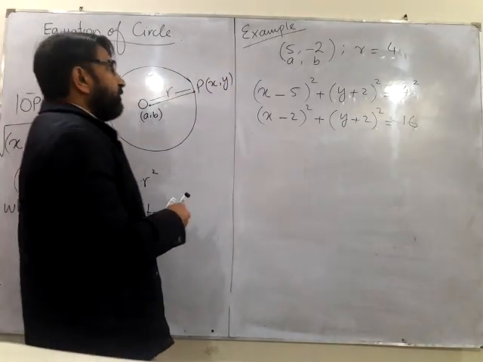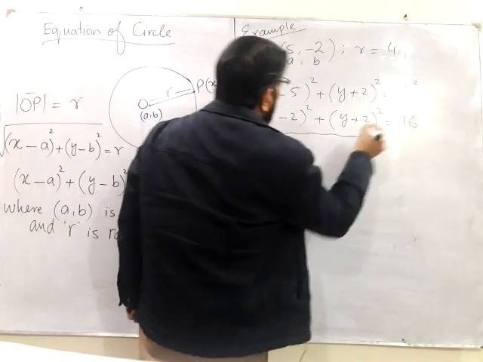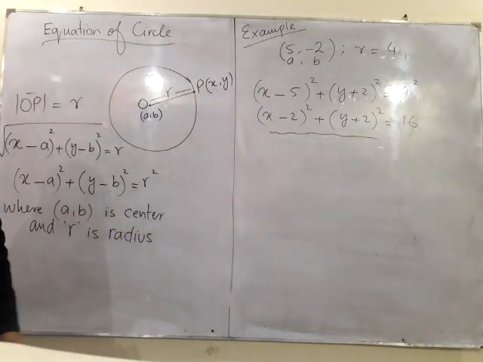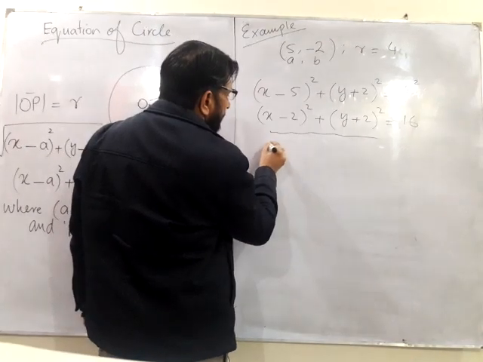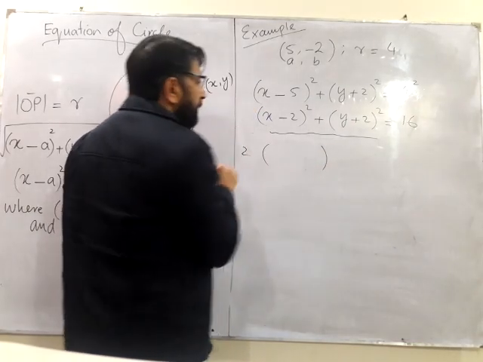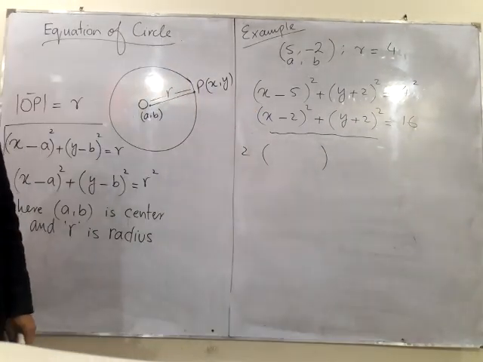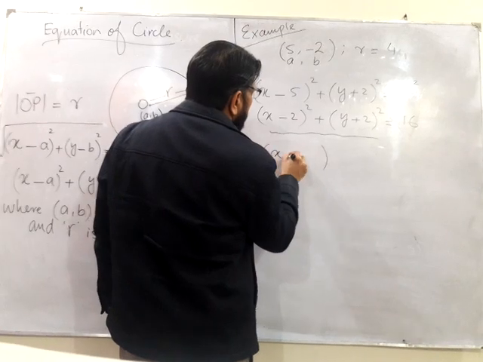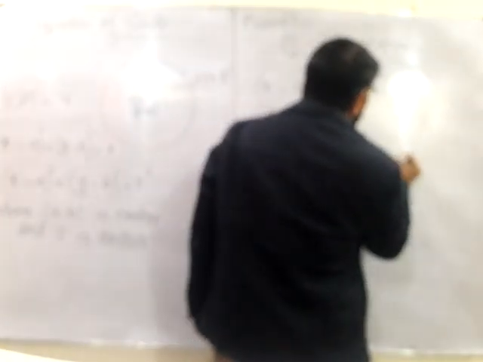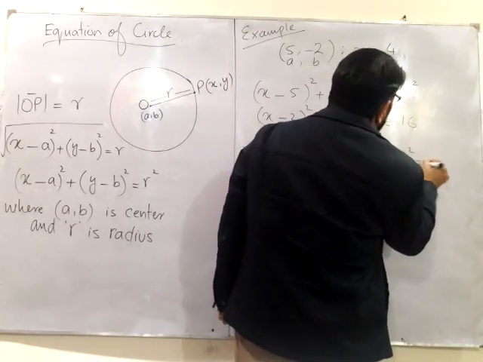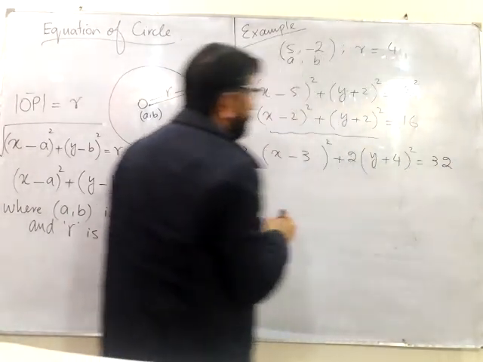The opposite version of this is, if we are given the equation of the circle, how do we write the coordinates of the center and the radius? For example, 2 into (x minus 3) whole square plus 2 into (y plus 4) whole square equals, let's say, 32.